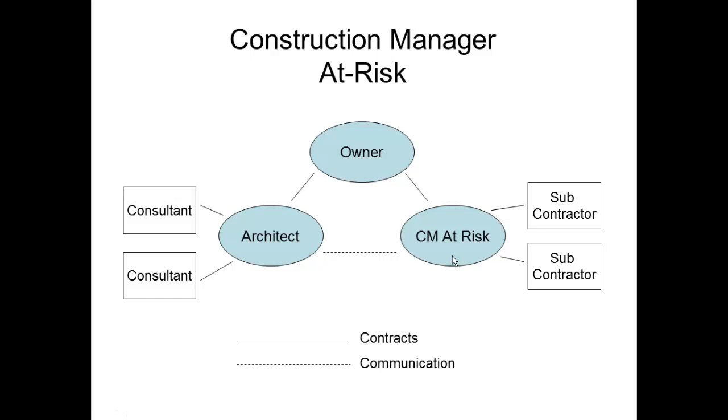And rather than doing a bid process, they would come in and give us an interview, show us projects that they've done in the past, and we would hire whoever we select to be the construction manager at risk.